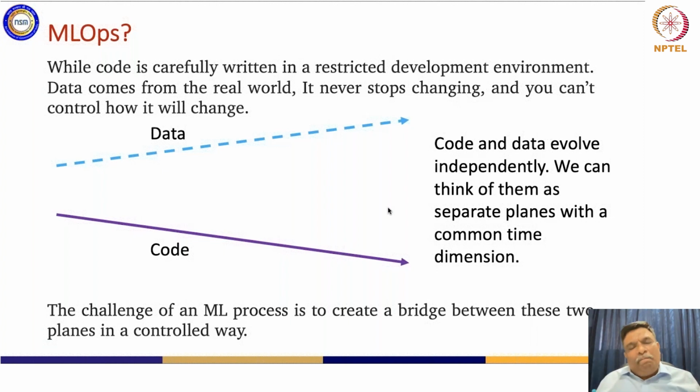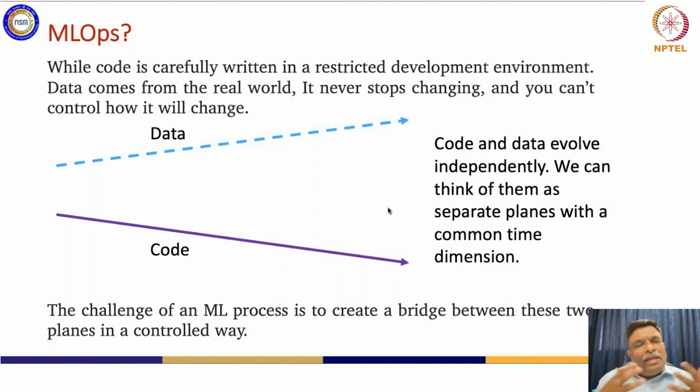So technically speaking, the data and the code in case of MLOps are going to evolve independently, right? We think of them as separate planes with a common time dimension to some extent.